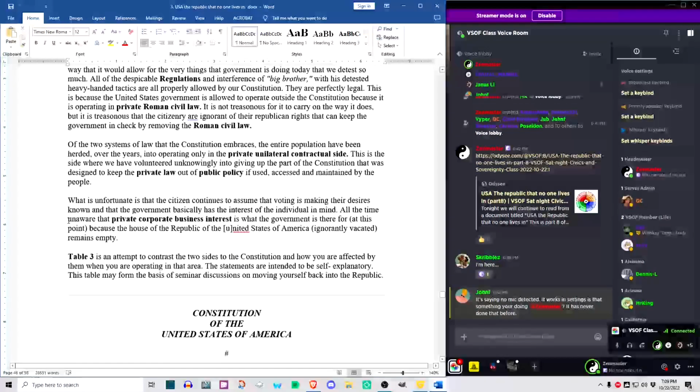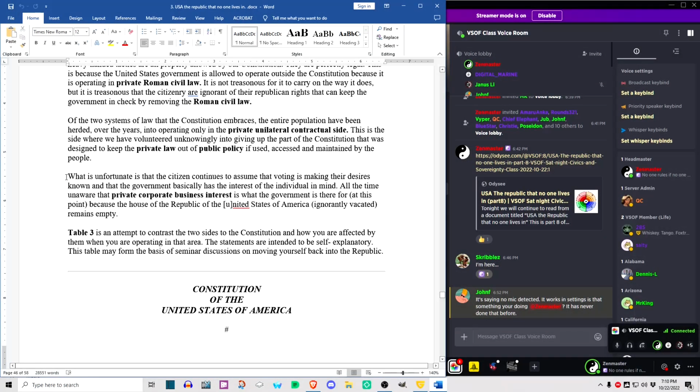And to pause and make a note here, the reason it's been empty, or at the time when it did become empty, is after the Civil War, during Reconstruction, when Lincoln ordered the Southern delegates to come back to Congress, and they said, no, go to hell. And basically from that point on, Congress, as far as the Republic is concerned, the Republican Congress has been sine die, which means without a day, since that time.